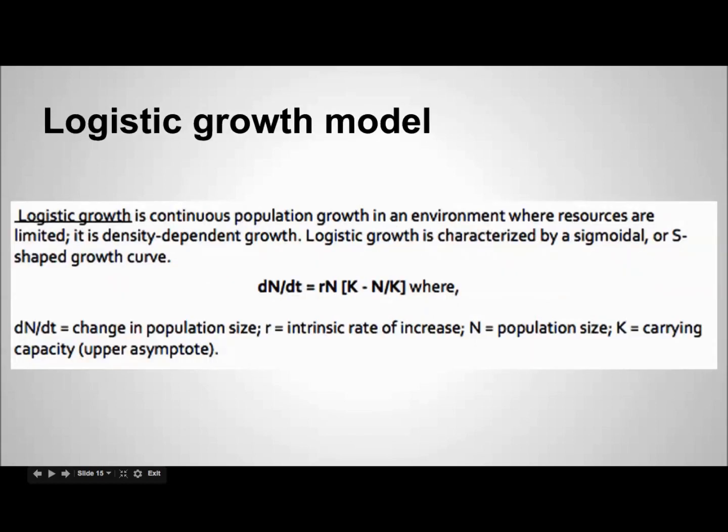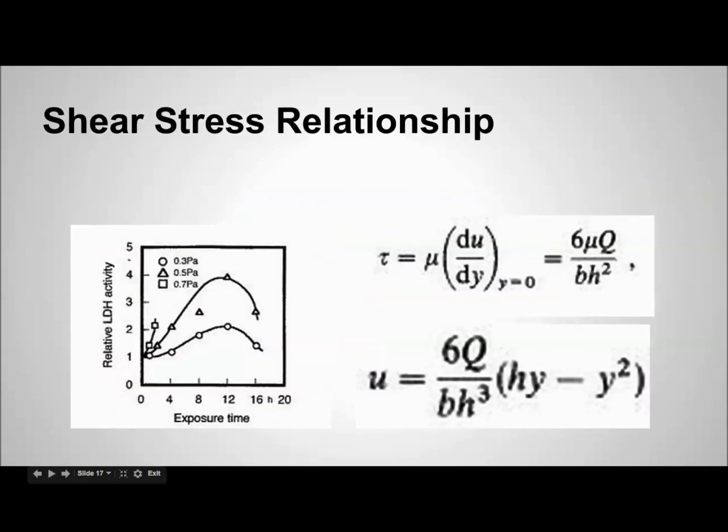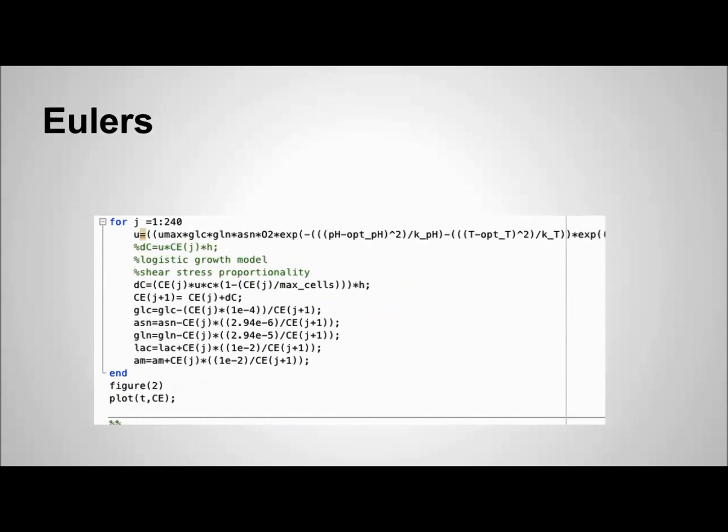We incorporate this in the logistic growth model. You can imagine R right here as being the intrinsic growth rate. So we're able to model the growth rate of our cells using the intrinsic growth rate and then plug it into a Euler here.